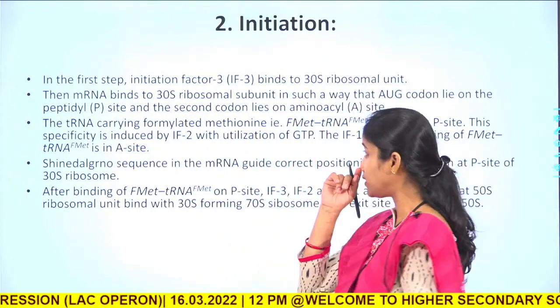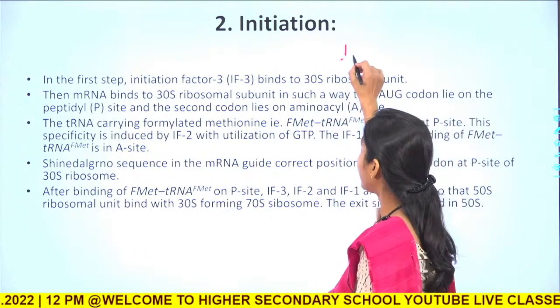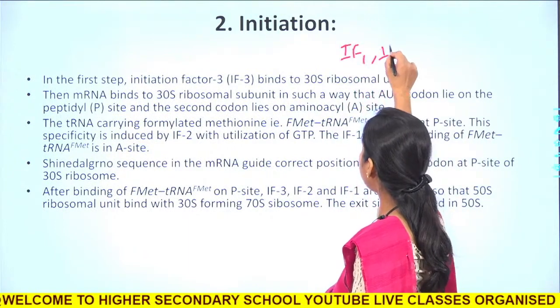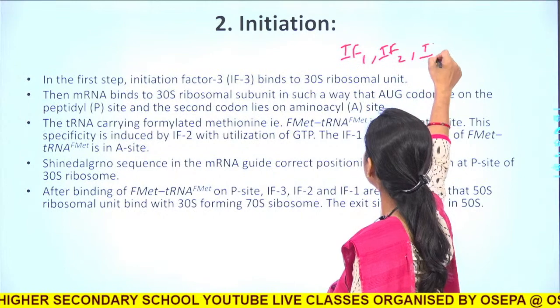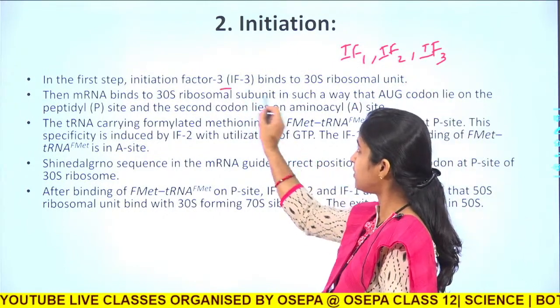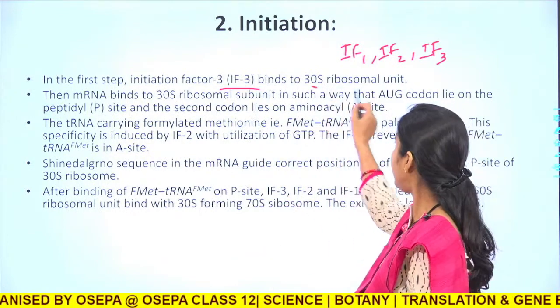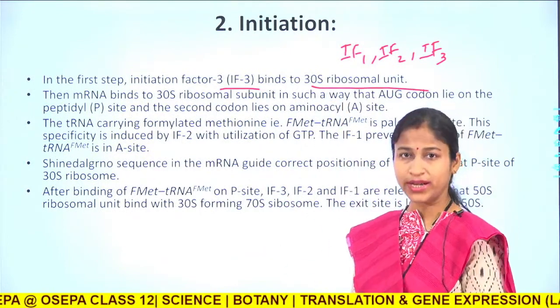Let us have a look at the prokaryotic initiation factors. There are 3 initiation factors: IF1, IF2 and IF3. In the first step, the initiation factor IF3 binds to the 30S ribosomal subunit.